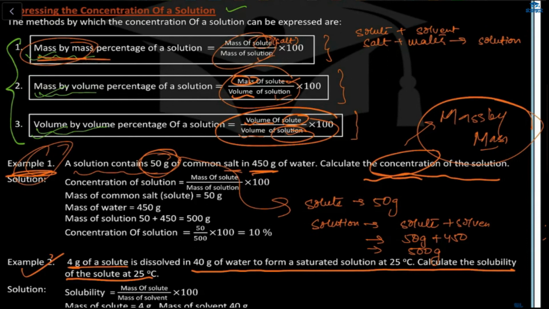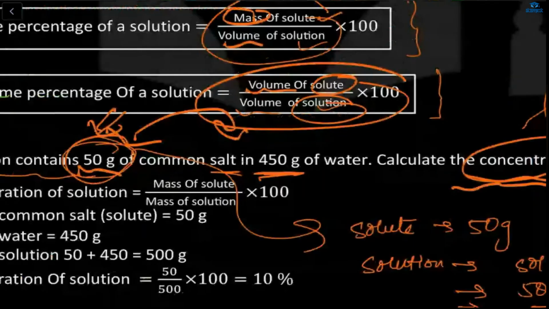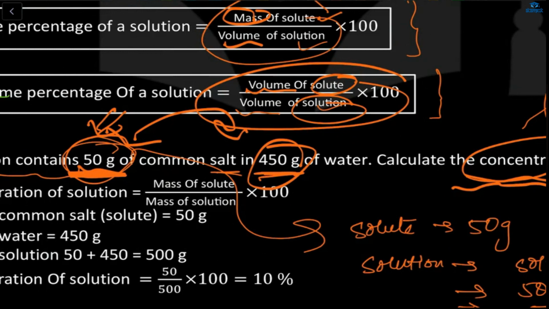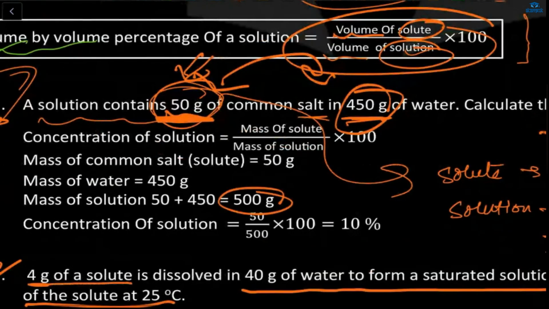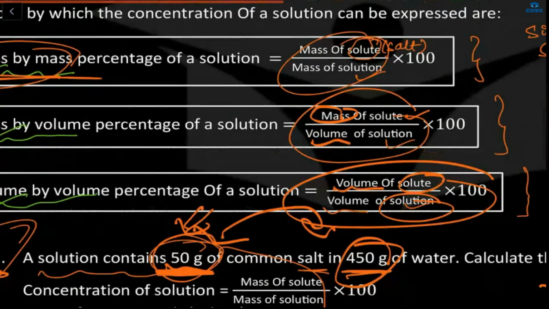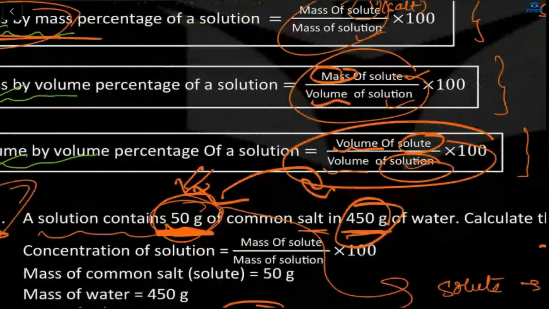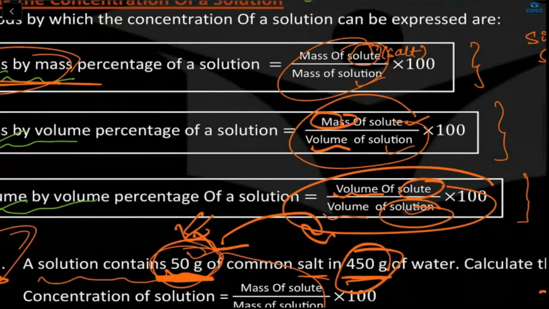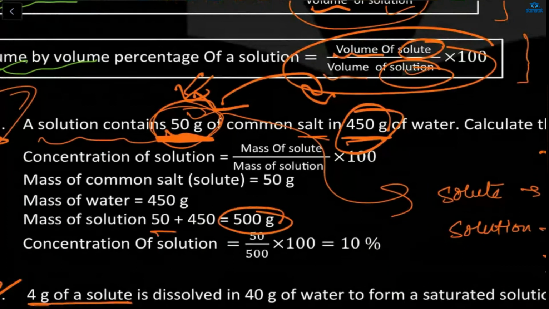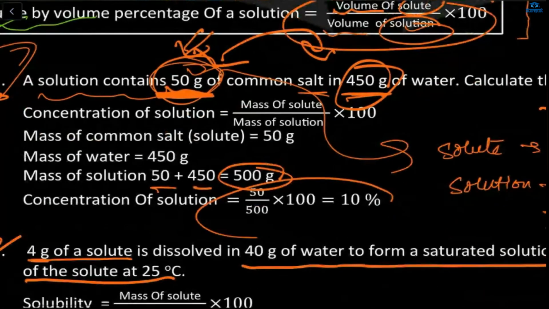Means the mass of solute, which is present in the lesser quantity, 50 gram, upon the solution. Solution means the addition of both the solute and the solvent. Here my solute is 50 gram because it's a lesser quantity, and my solvent is 450 gram. We add them and get 10% mass by mass percentage.